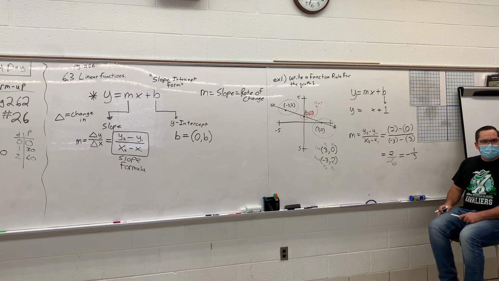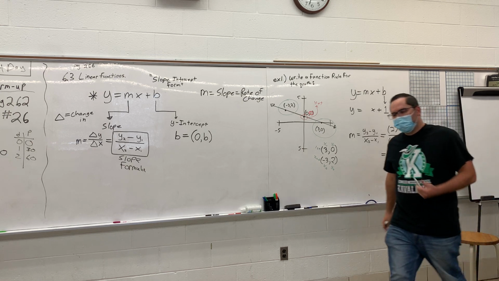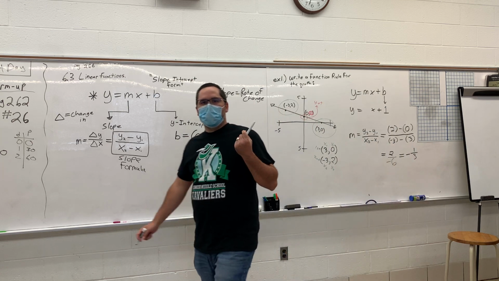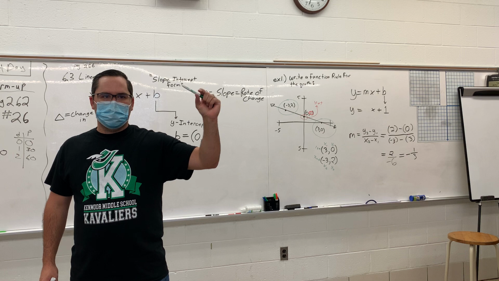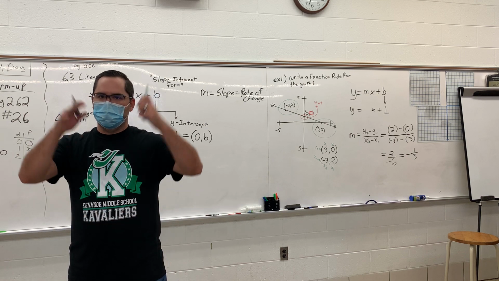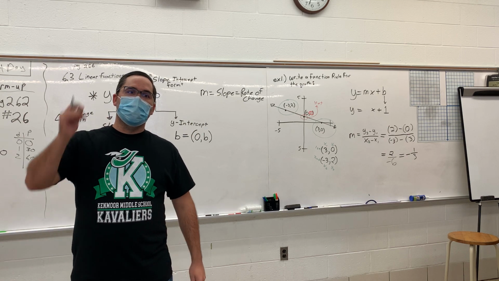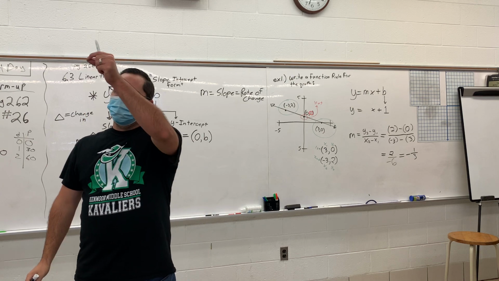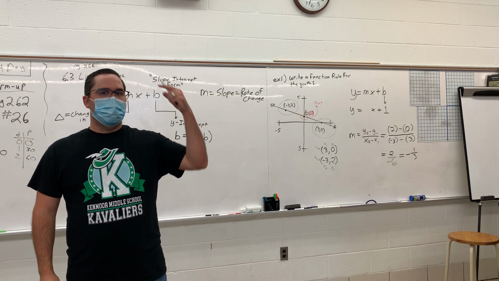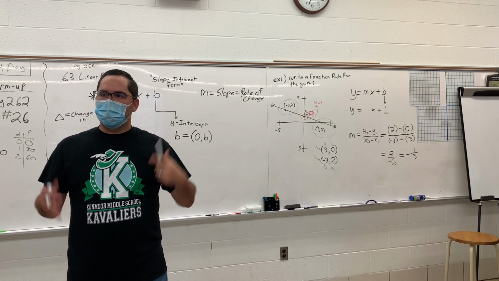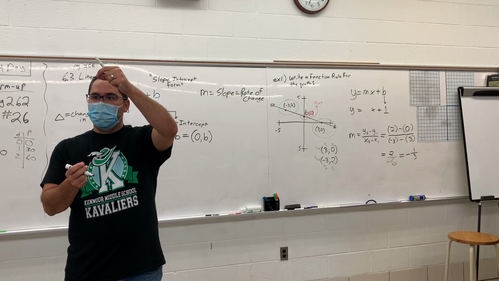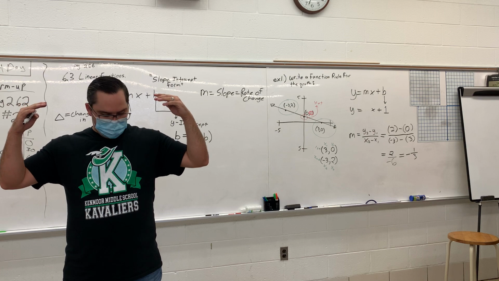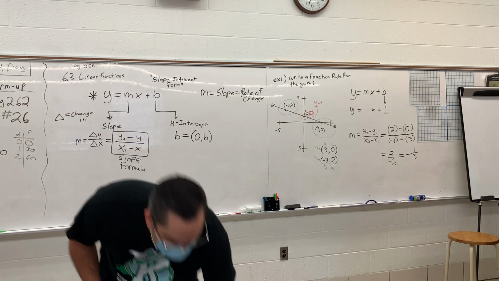Okay, negative 1/3. Now here's the thing. If the denominator is negative, you can pull that negative out front, because a positive divided by a negative is a negative. If the numerator is negative, you can pull that negative out front, because a negative divided by a positive is a negative. If they're both negative, 2 negatives cancel out and they become positive.